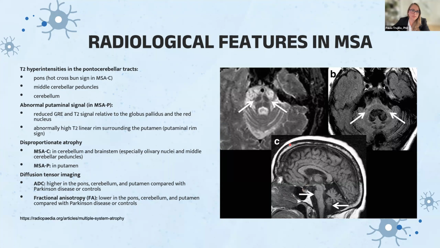So here on this figure, you can see, remembering from your neuroanatomy class, the sagittal view of the brain, showing atrophy of the cerebellum and the brainstem. And here you can see the hot cross bun sign on the axial slice of the pons.